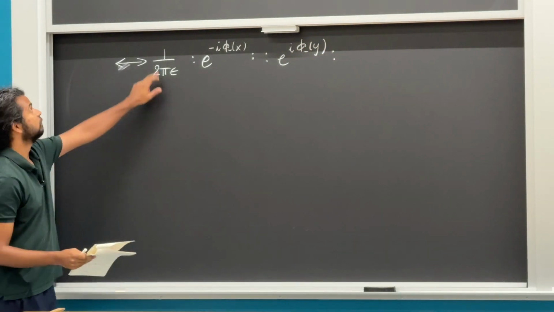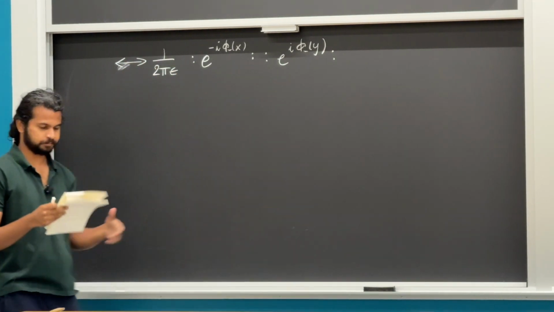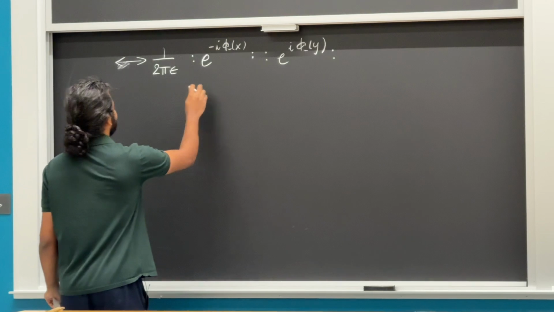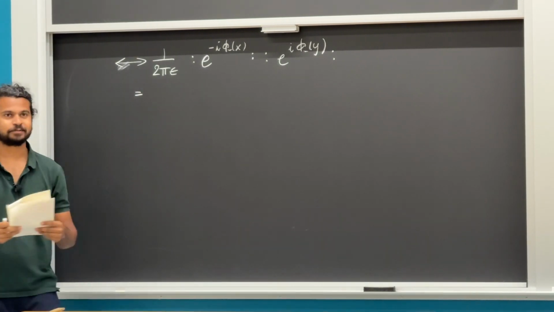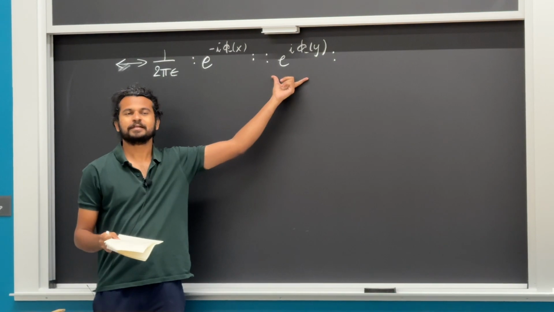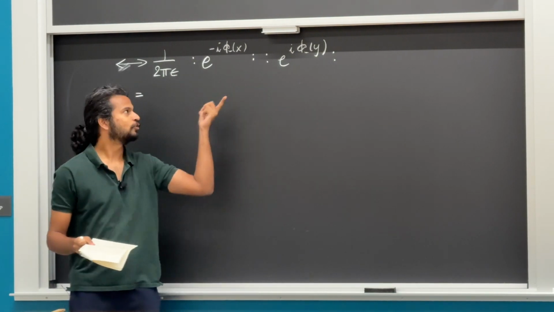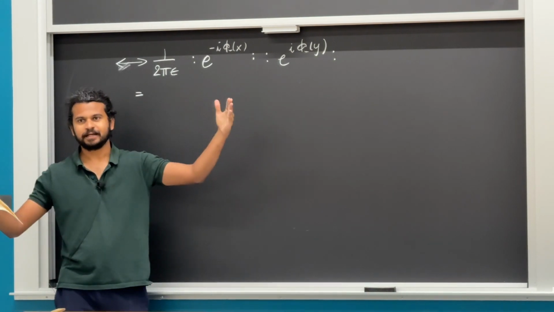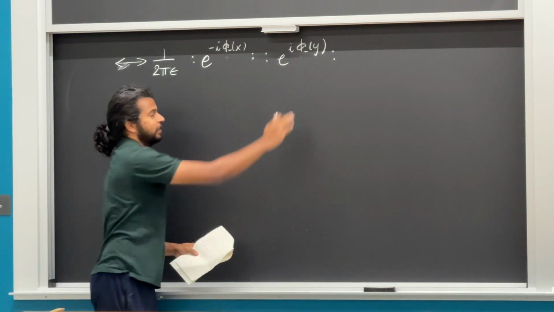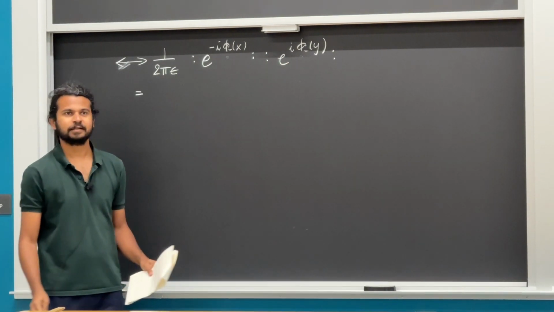And this 2 pi epsilon was a common factor. Again, exercises from last week: the product of normal ordered operators, we managed to make into the normal ordered version of the entire thing times e to the phi minus correlation function.